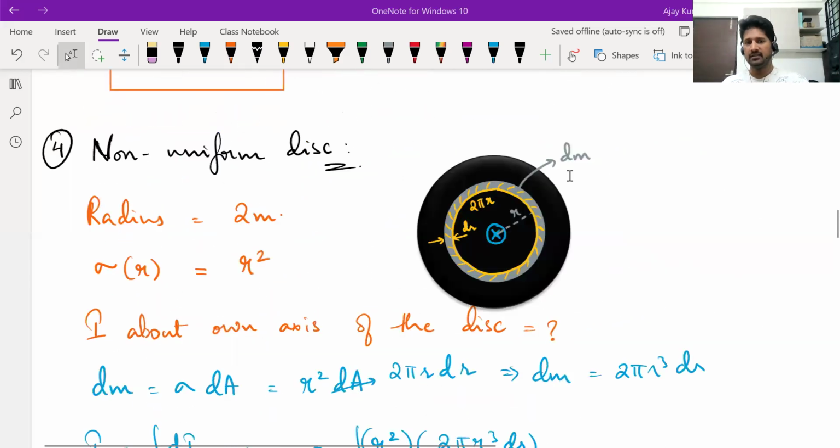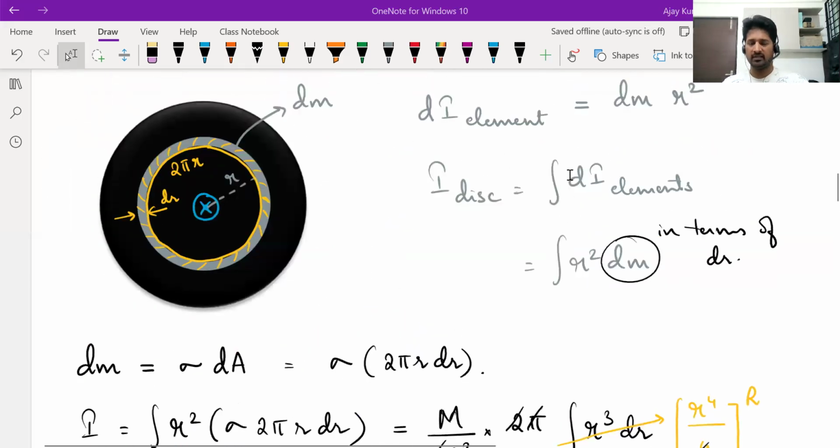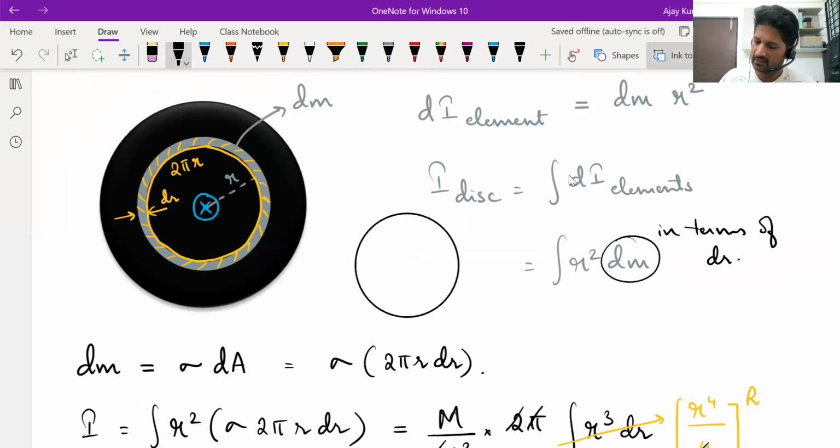See, we considered a disk as a collection of rings. Now you may say, that time why did you not say that ring is just a wire? It won't have any width. Okay, you have to take rings which have small width. Fine. And how did we express that area? Circumference of the ring multiplied with the width. So same thing here.